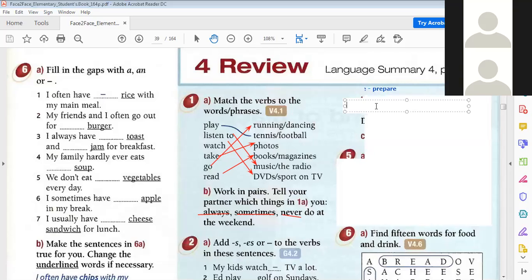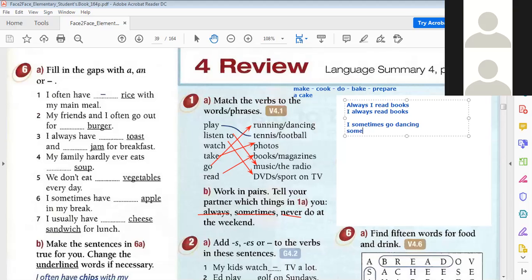So I have a question for you. Now, which one is correct here? Which one do you think is right here, Amira? Sorry, I couldn't hear you.